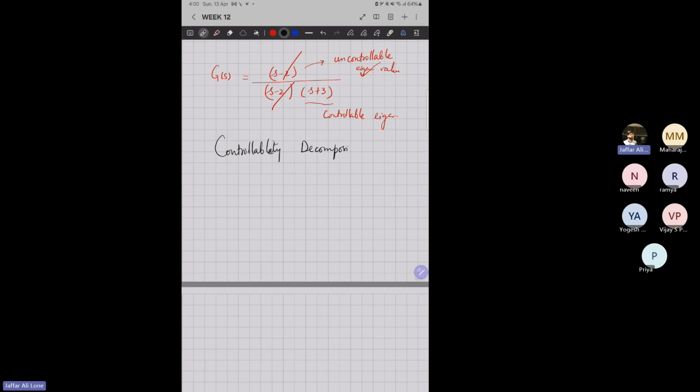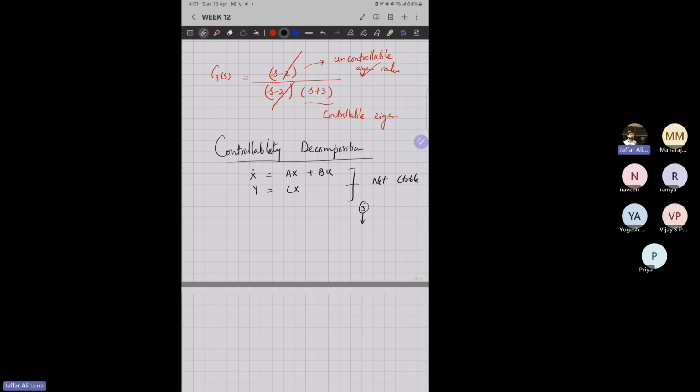This is similar to what we learned in the earlier question. So if you have a system like this, x dot is equal to Ax plus Bu, y is equal to Cx, and if this system is not controllable, for example, if there are three states, let's assume only one state is not controllable and the other two are controllable.